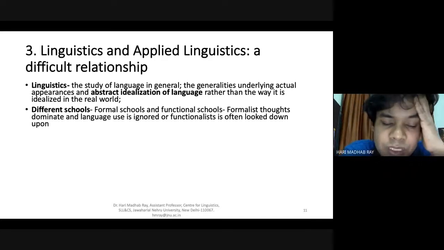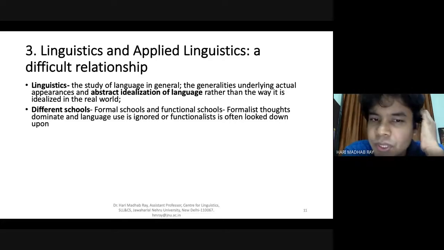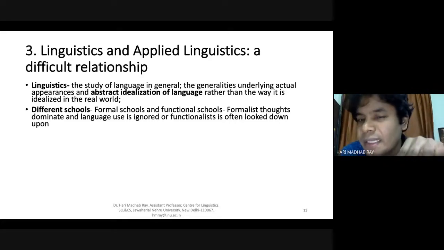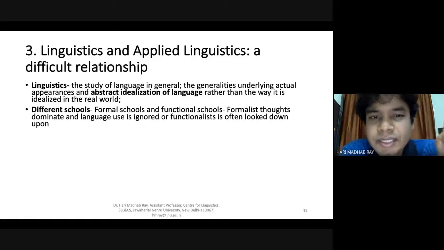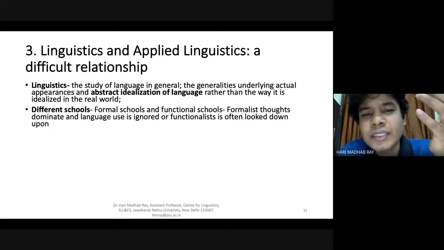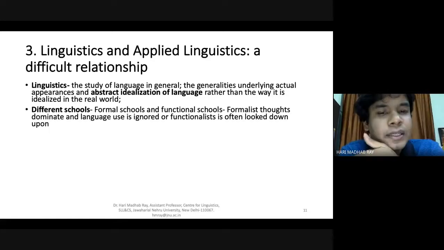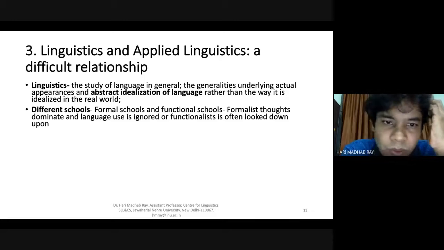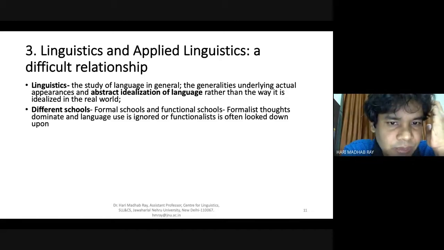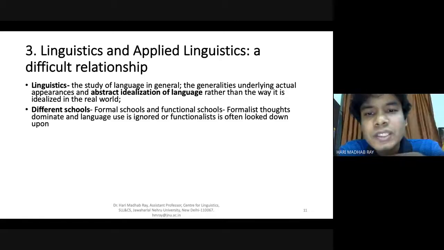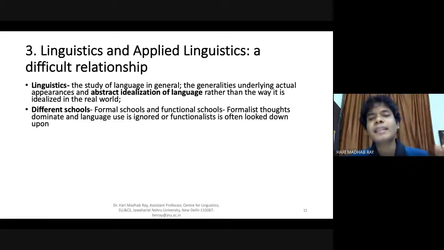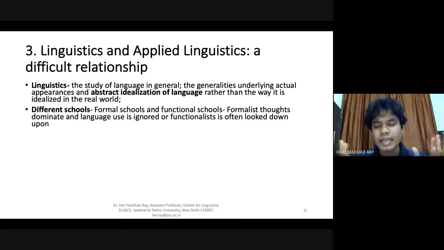One is the formal school, and another is the functional school. The formal school is mainly the abstract idealization of language, and here the whole Chomskyan generative school comes into the picture.